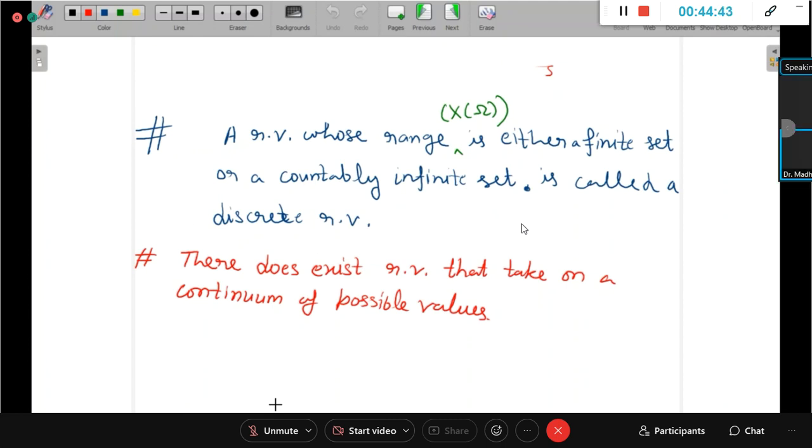Okay, can you give a real life example? Sir, the time between 12 o'clock and 1 o'clock. Yeah, great. Or indeed, if I want to measure the lifetime of a car or the lifetime of a person.